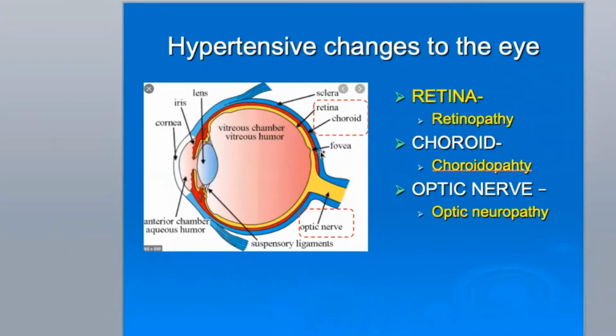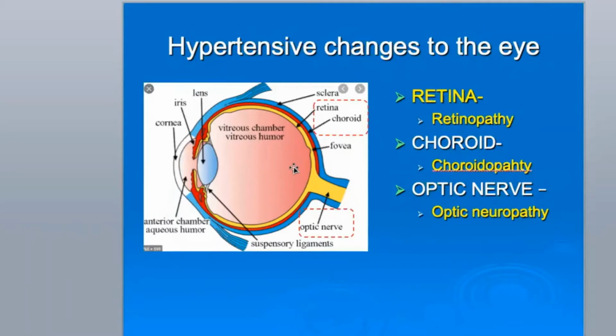So where is the blood supply? Mainly at the choroidal layer, this red area, and also at the retinal layer. So you have avascular regions and also vascularized regions. The vascular region is the one that is going to be affected by your hypertensive changes, obviously. The ones without blood vessels, your cornea and your sclera, will not be affected by your hypertension.